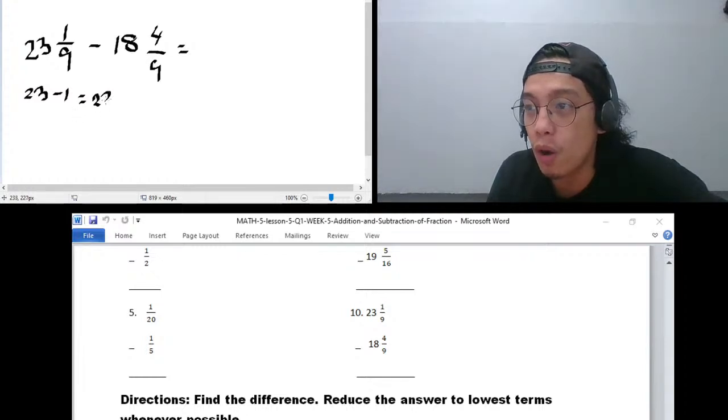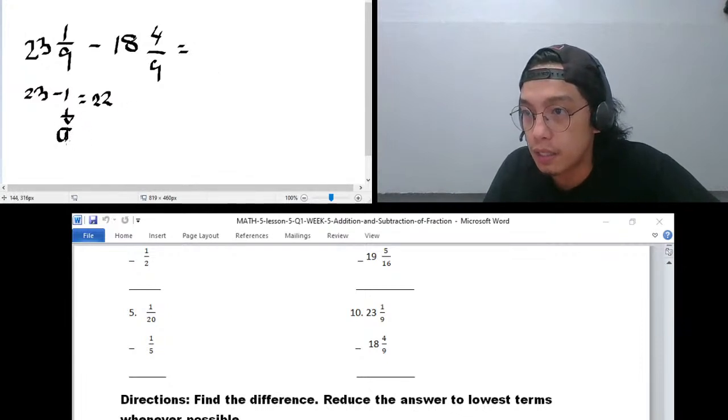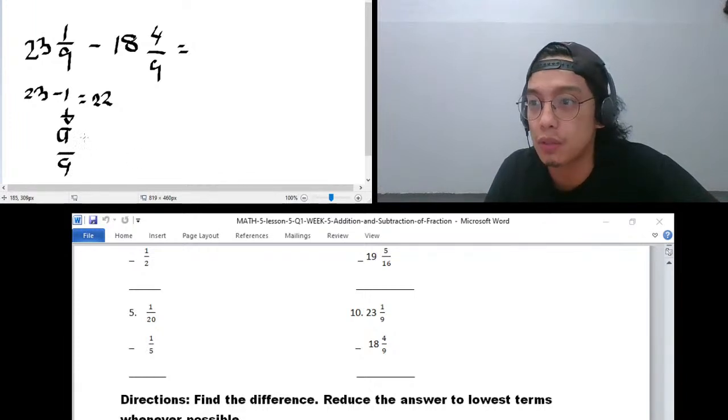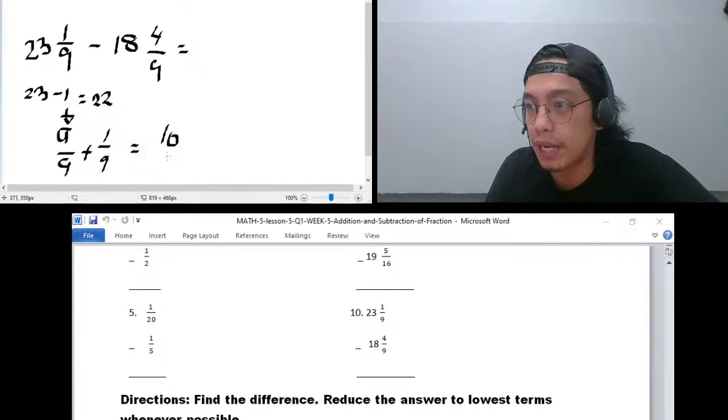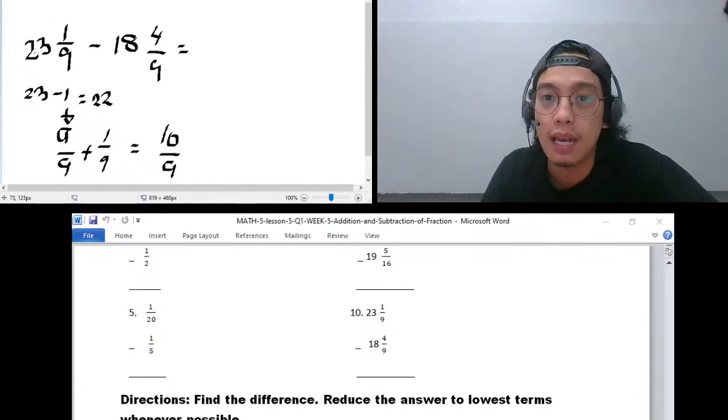Ang 22, ang 1 ani actually, ang iyang whole part sa 1 is 9 over 9. Oops, di siya mong work. What's wrong with my mouse? 9 over 9. Kana siya. Ato siyang i-add sa 1 over 9. So, plus 1 over 9 there is taas. So, may mo siya og 10 over 9 para pwede na tang mag-minus. Okay, pero mo siya og 22. So, kaning 23 and 1 over 9, may mo siya 22 and 10 over 9.